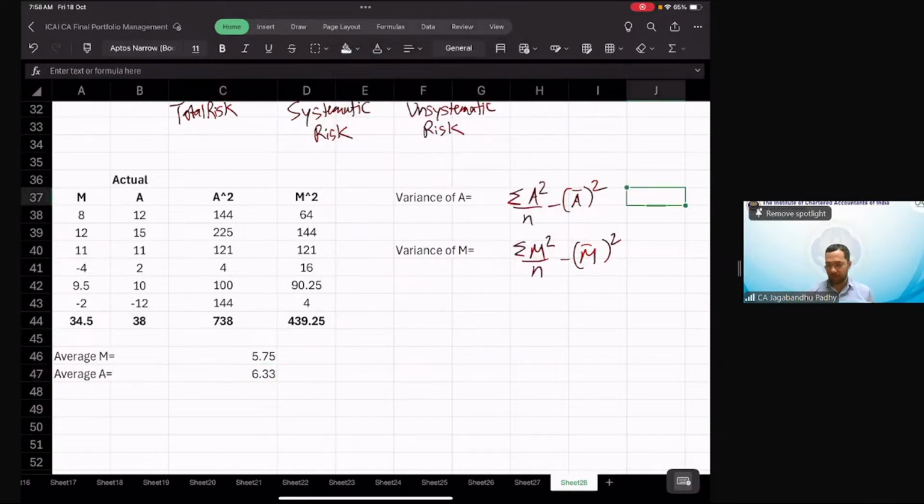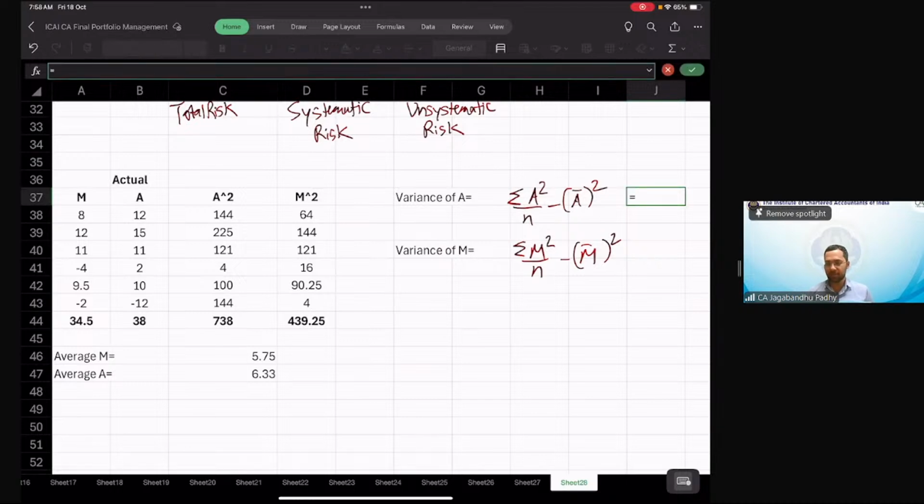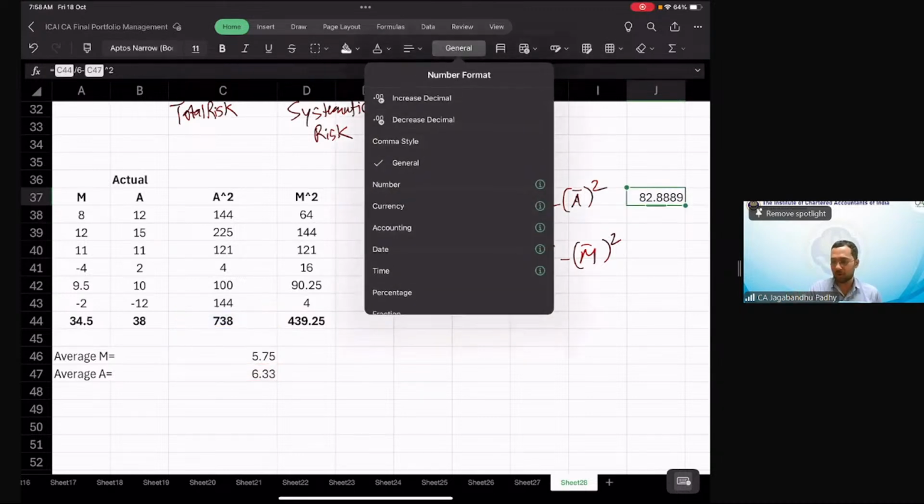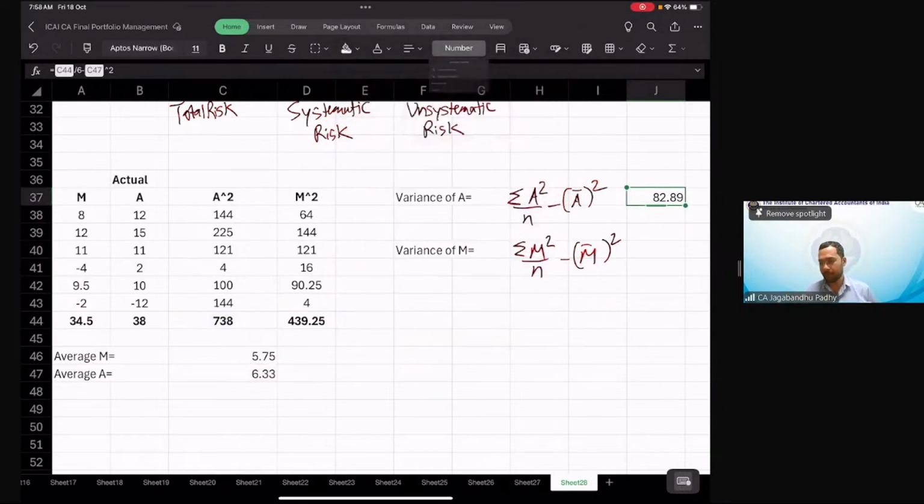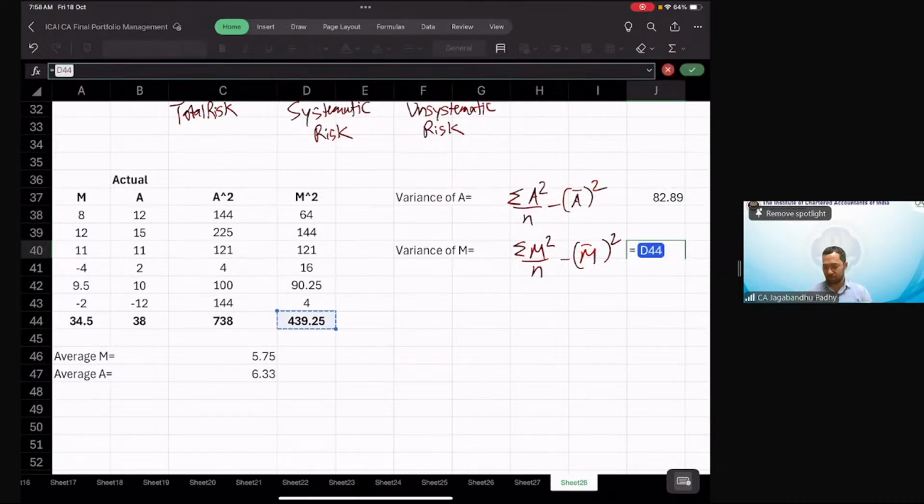Now, the variance of A can be computed as summation of A square, which is 738 divided by 6, minus the average return of A square. So this is what we got, the variance of A. Then the variance of market will be summation of M square divided by 6 minus the average market return square.